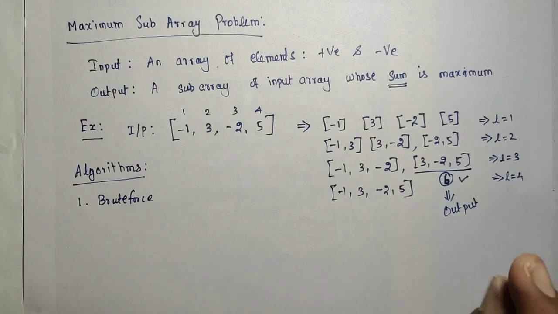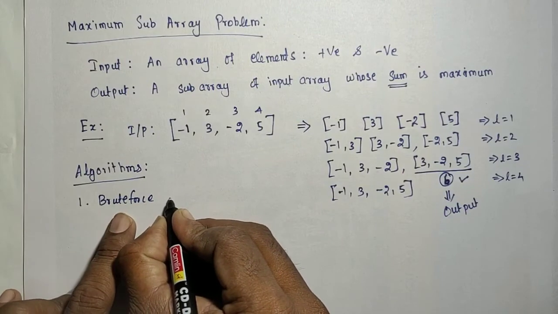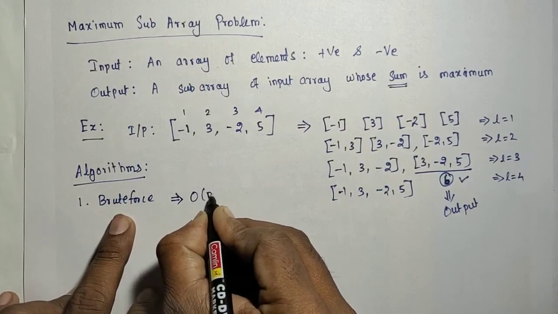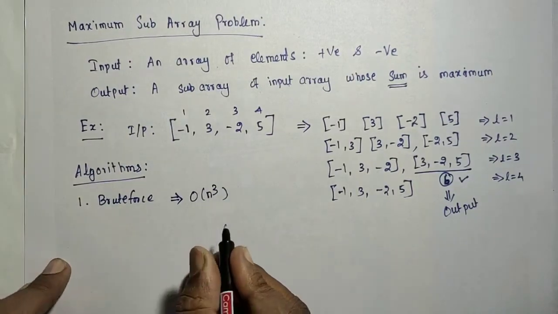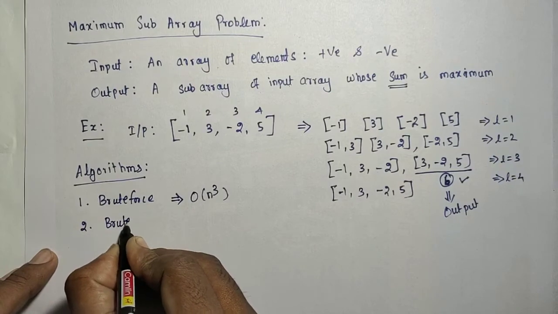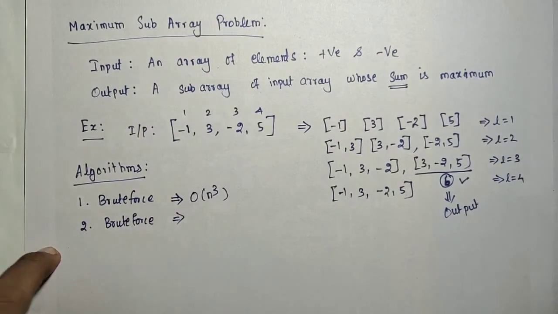If you analyze that algorithm, the complexity may be somewhat worse. In the brute force method, the complexity is going to prove as O of N cube. The second one is also brute force, by enhancing some operations.